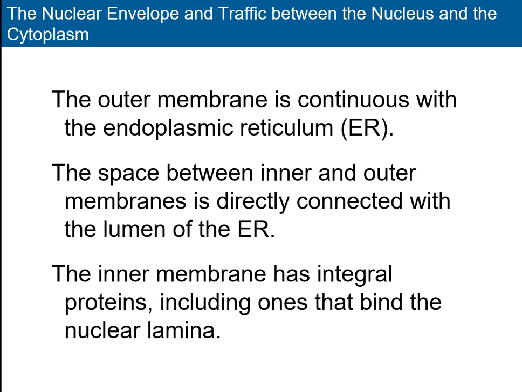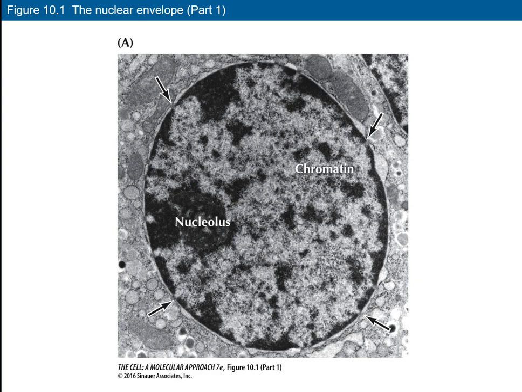Remember, those integral proteins will be bound to proteins that are part of the cytoskeleton. So it's the same idea here. You have proteins that span through that inner membrane of the nucleus and are connected with the nuclear lamina.